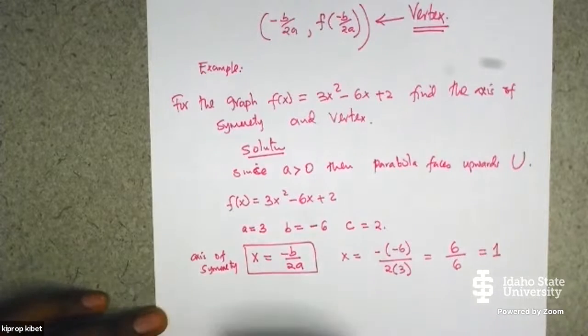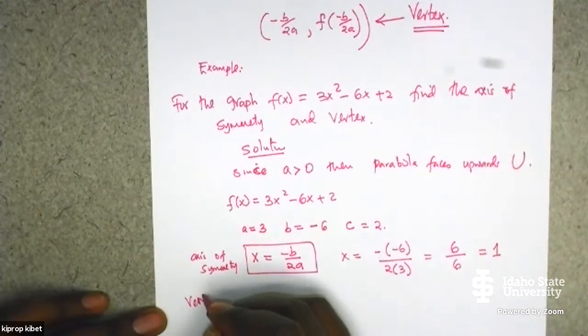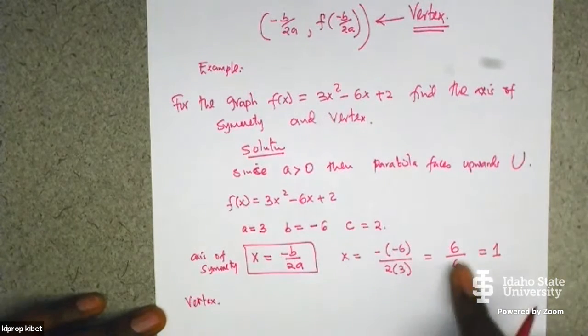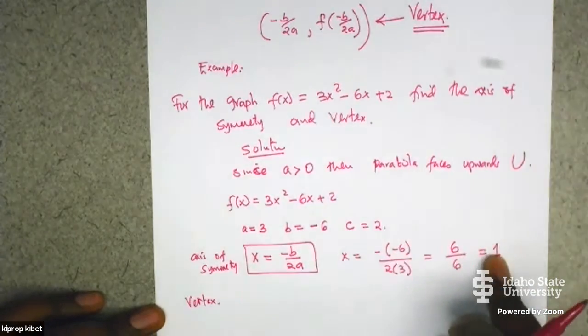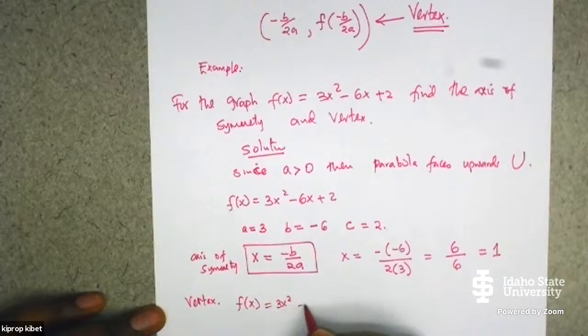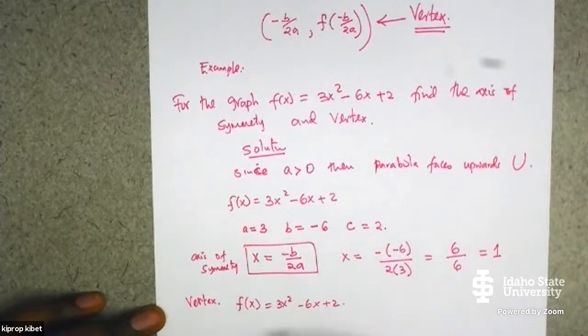Now, what is our vertex? We bring this axis of symmetry x into this function. So f of 1 is equal to 3 times 1 squared minus 6 times 1 plus 2.